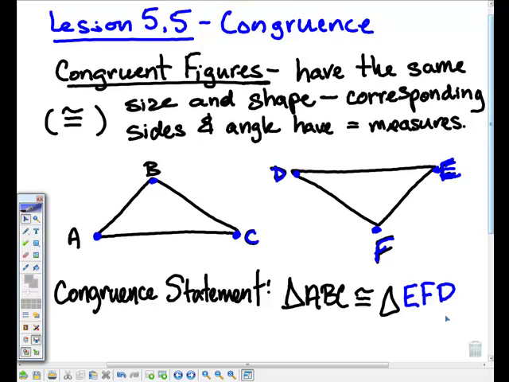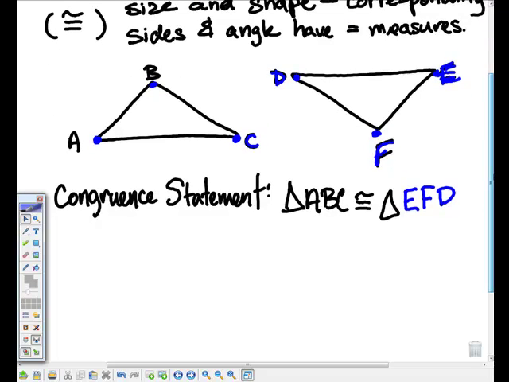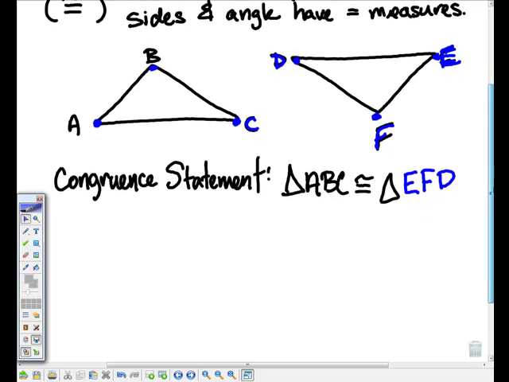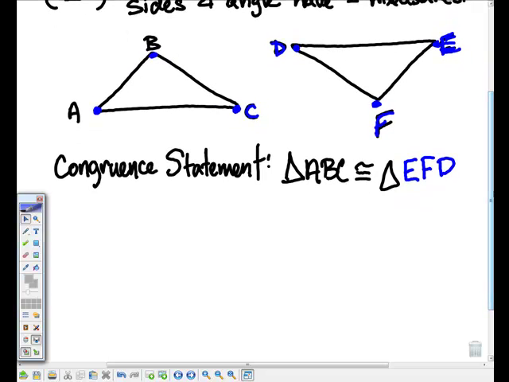Now let's see how we use congruence with the two triangles to go through and do some other examples. We are going to throw in some numbers here. Let's say this side over here was 50. So would you put a 50 up there on that side? Let's say that this side over here, we're going to write this as 2m plus 20.